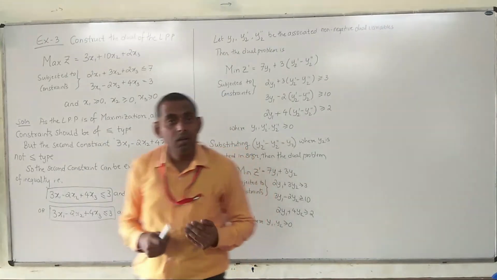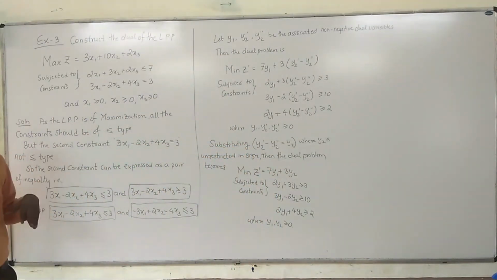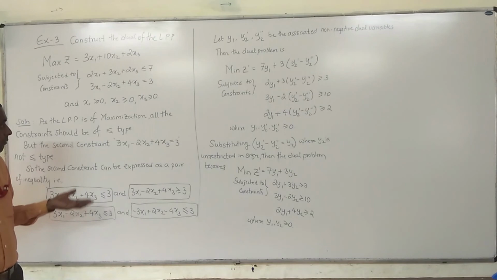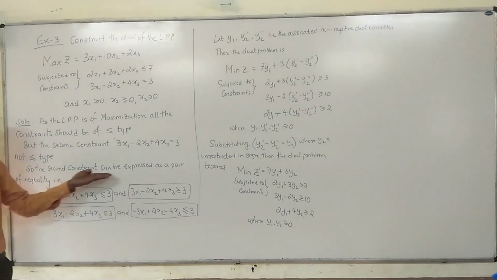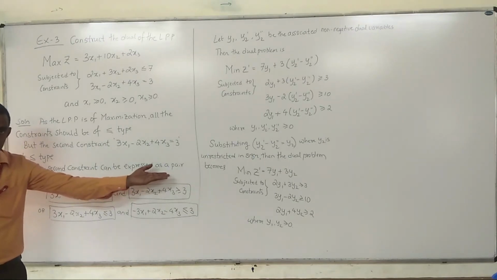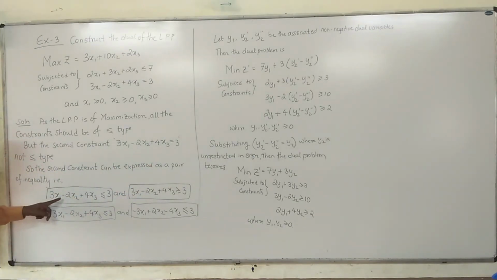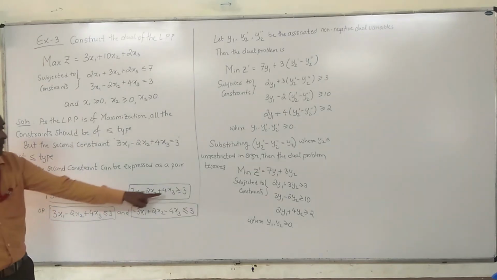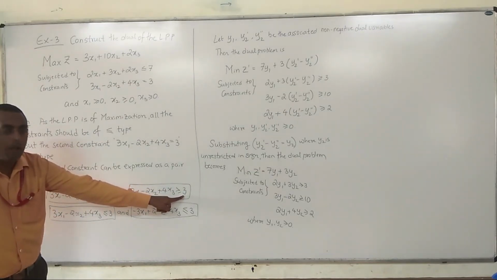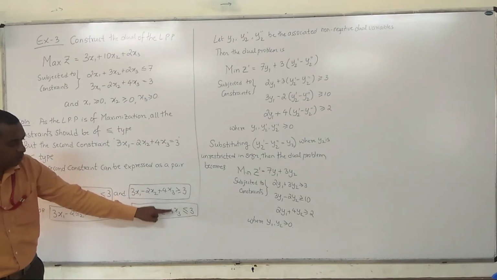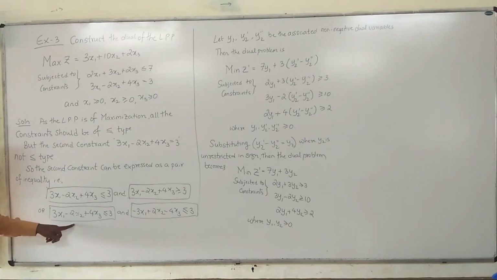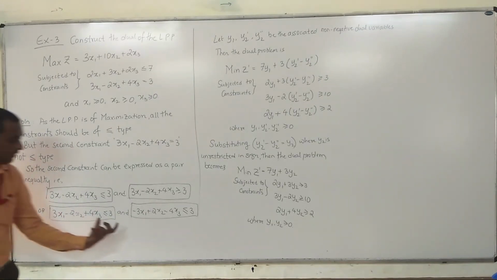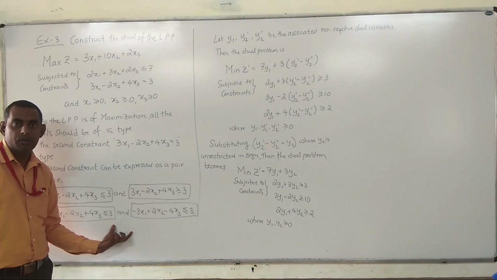So we need to convert that equation into less than or equal to type. The second equation can be expressed as 3x1 minus 2x2 plus 4x3 less than or equal to 3 and greater than or equal to 3. I want to convert this to less than or equal to. Now the equation is converted, but there are two equations.